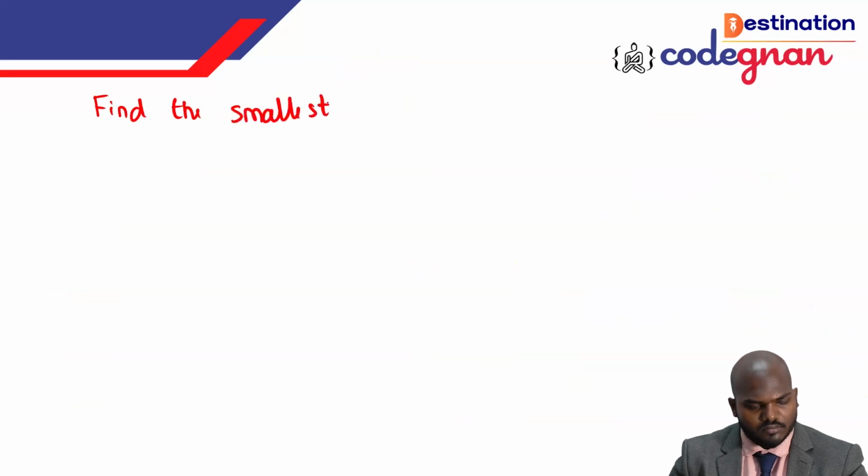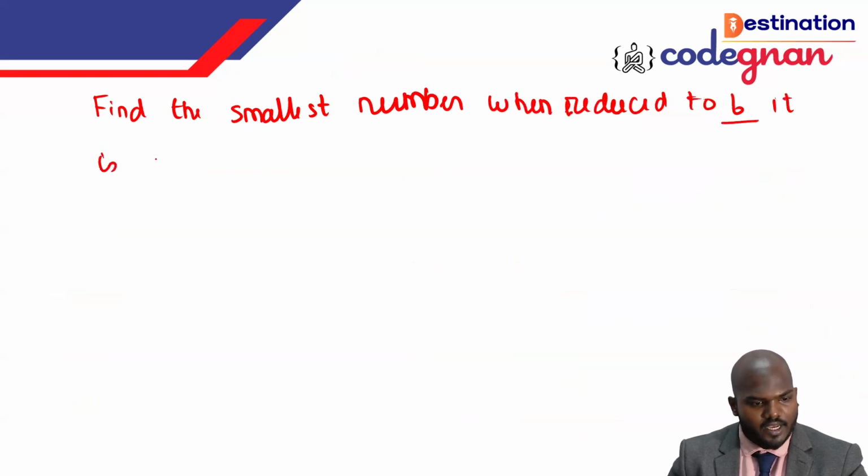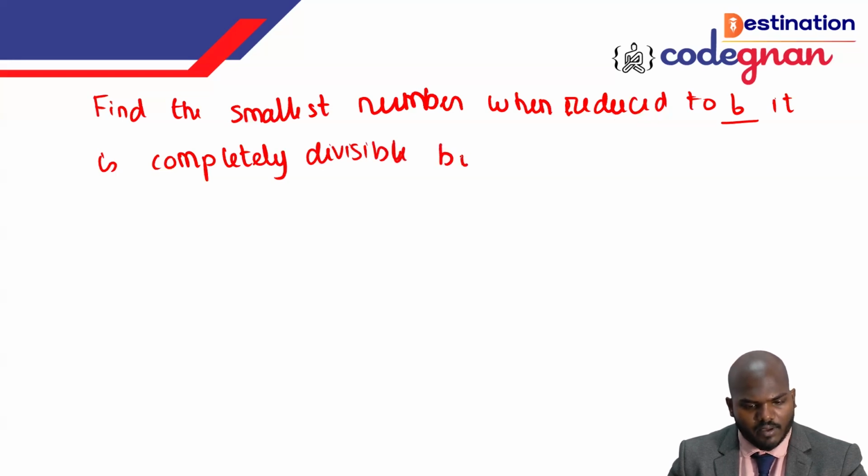Okay, we have a question like this: find the smallest number which, when reduced by 6, is completely divisible by 12, 15, 20 and 27.